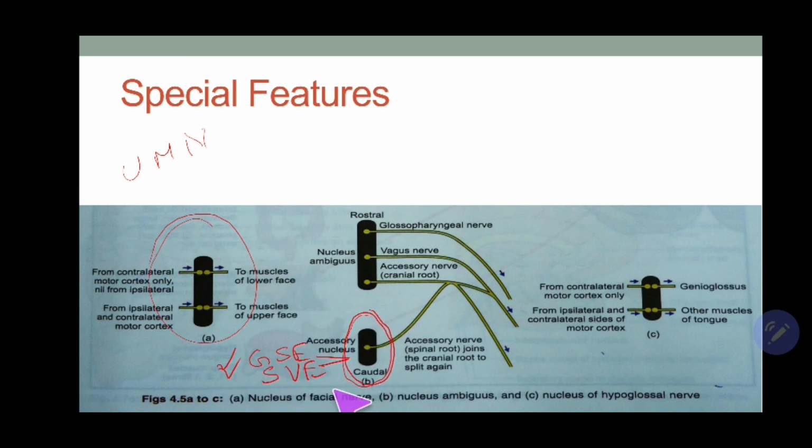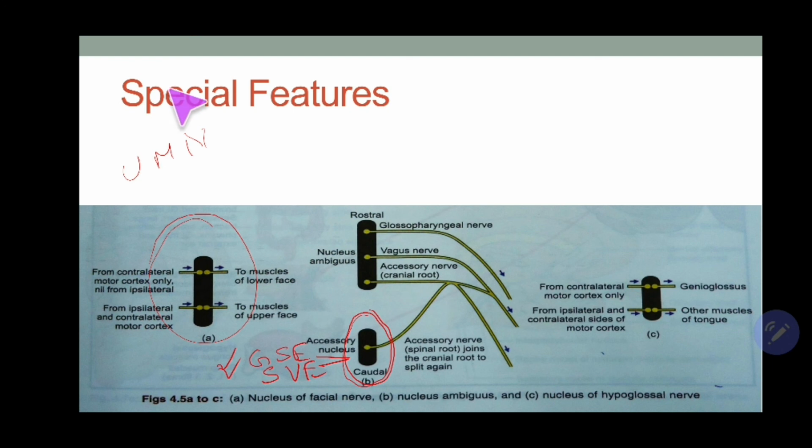Anyways, this nerve which reaches the cranium crosses the jugular foramen. Remember, within the jugular foramen, the spinal accessory nerve first joins its own component, that is the cranial accessory, for a short distance, and then gets separated and emerges separately from the jugular foramen, while the cranial portion of accessory joins the vagus.